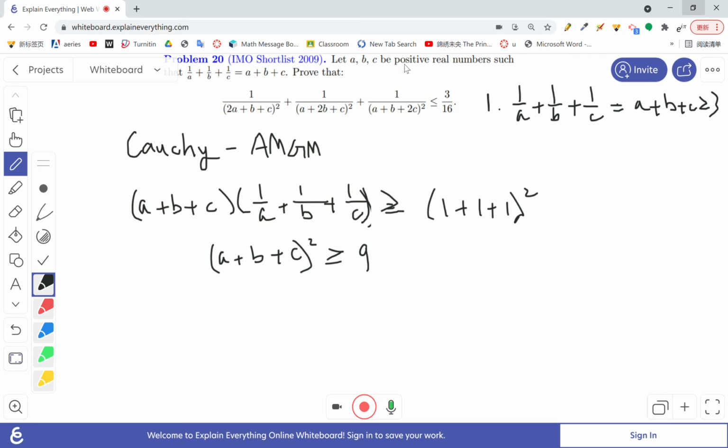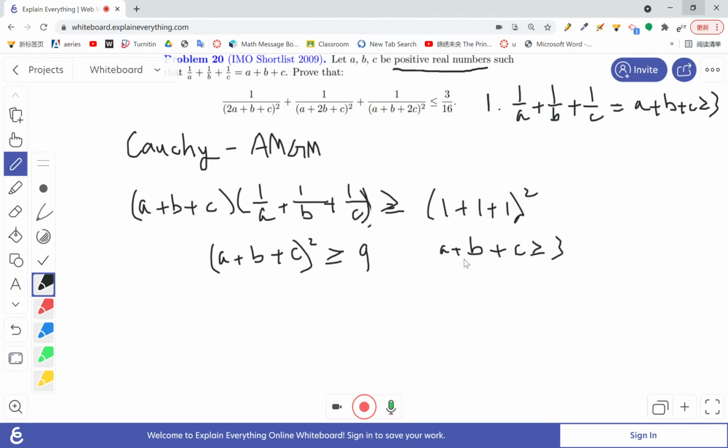Because they must be all positive real numbers, the sum of three positive real numbers can only be positive, which results in a plus b plus c larger than or equal to 3. So the minimum value of a plus b plus c is 3.